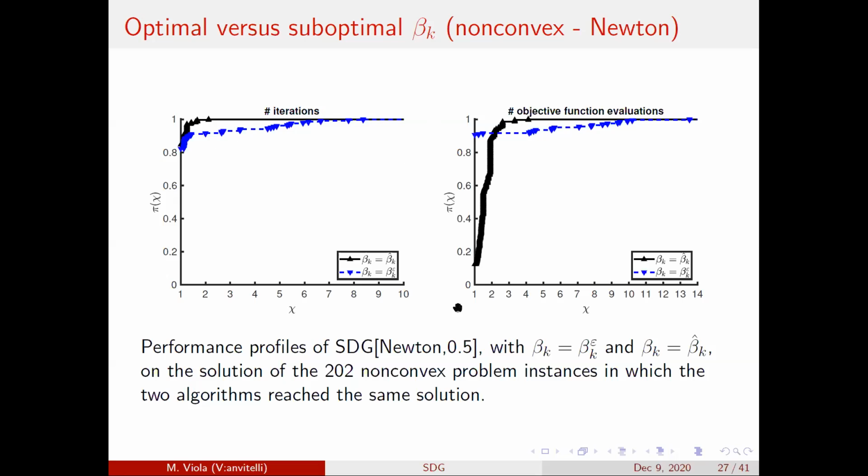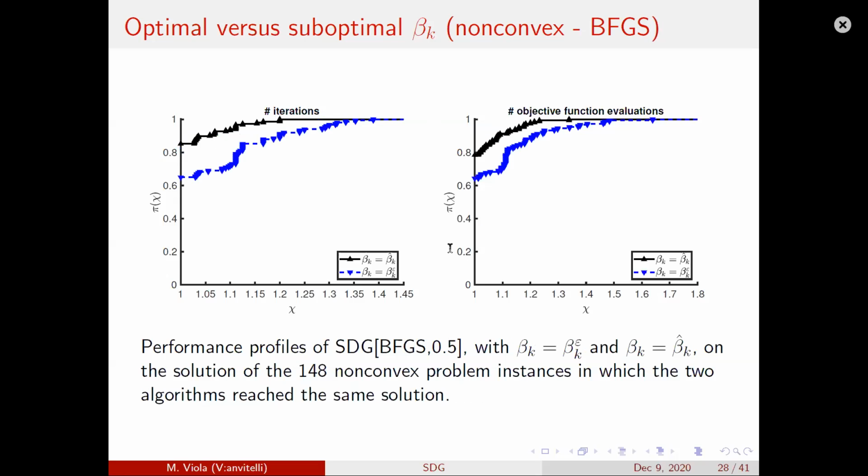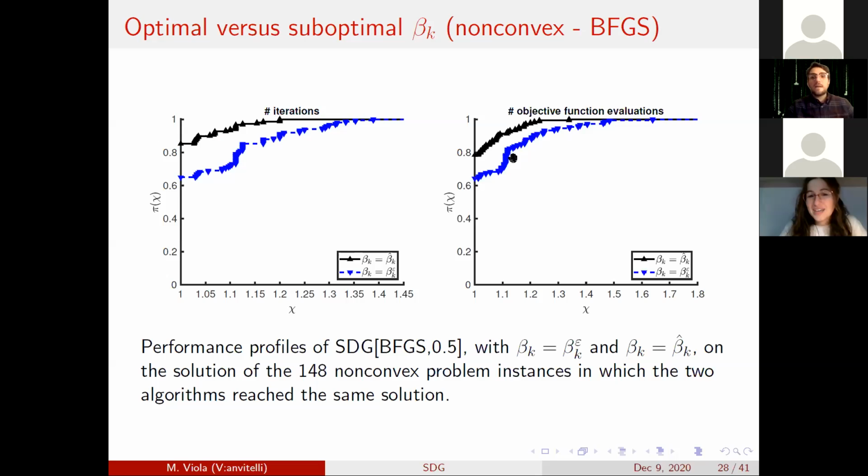And this is in the Newton case with epsilon 0 equal to 0.5. You can also do the same comparison on BFGS, and here the difference is more evident: you can see that the suboptimal choice is very good. As I said, this is likely due to the fact that, at least in the first iterates, you are giving a bit more freedom to the gradient method.